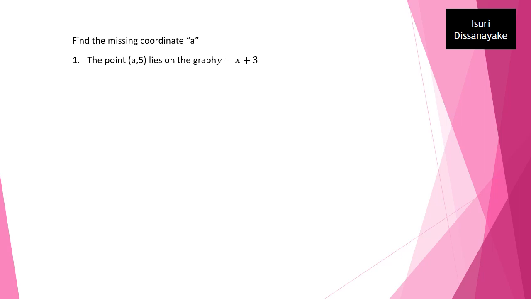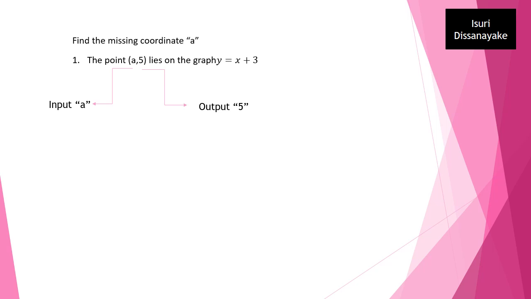Let me show you how to do this question. So as we know, x coordinate is the input. You're going to input a instead of a value here. And the y coordinate is the output, which is 5.